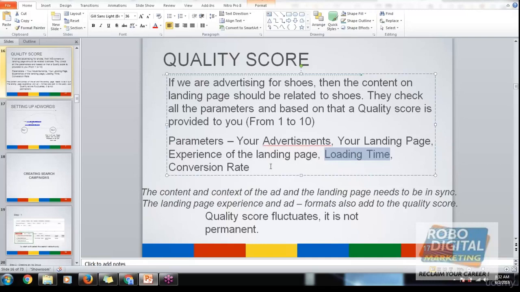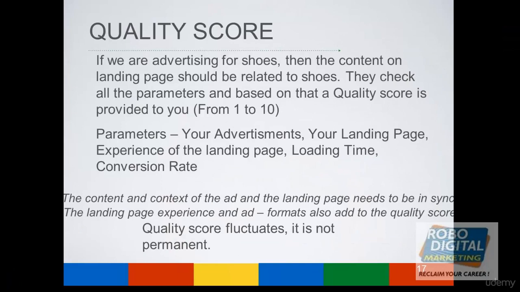Clear or not? So these 5 things you have to keep in mind whenever you are making ads: your ad should be relevant, your landing page should be good, the user experience on it should be good, the page loading time should be less, and the conversion rate should be high.